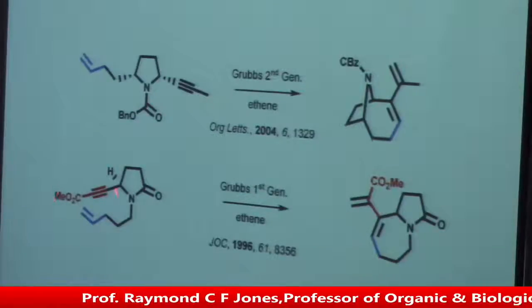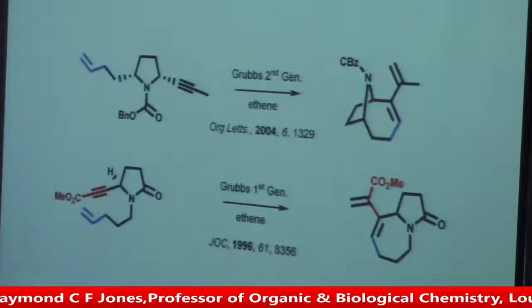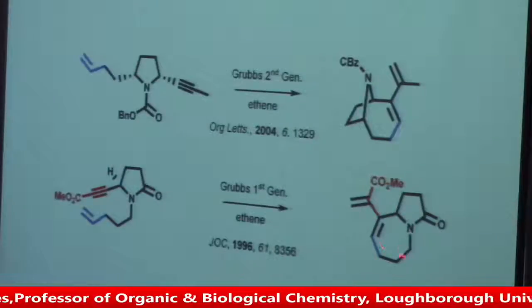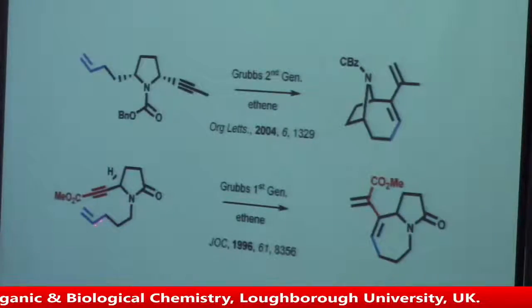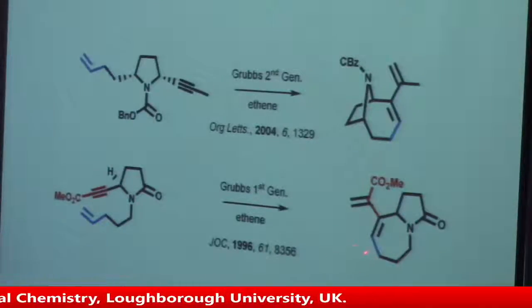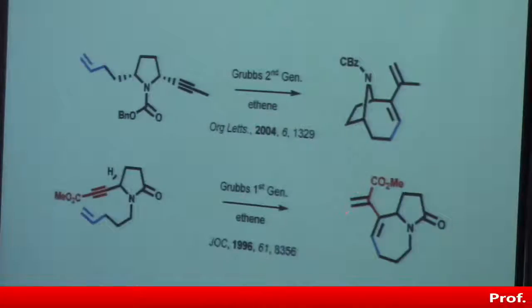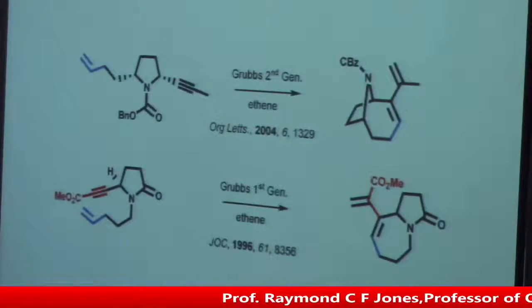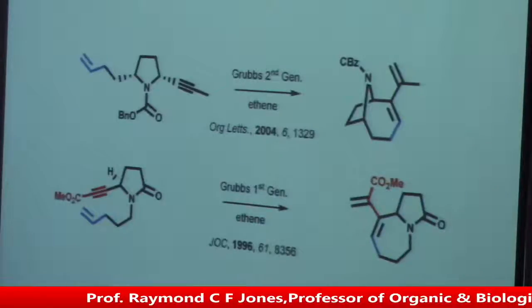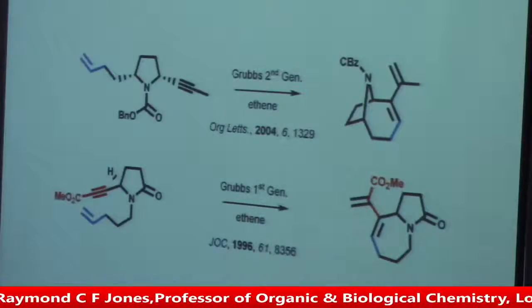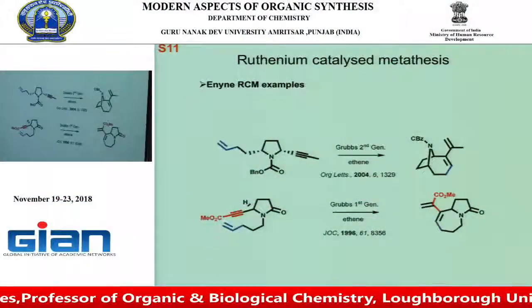And another one down here where the same thing is going on. So 1, 2, 3, yeah, okay. And again, this CH2 here is coming from ethene at the end of the process. So you're doing a ring closing metathesis with a bit of a side chain left on.